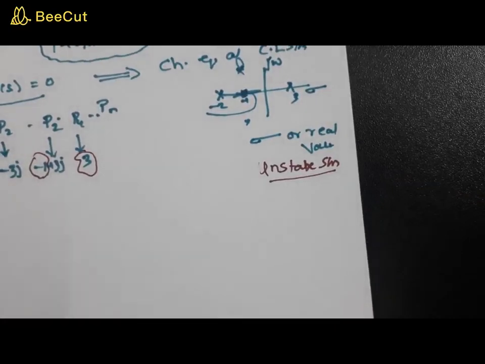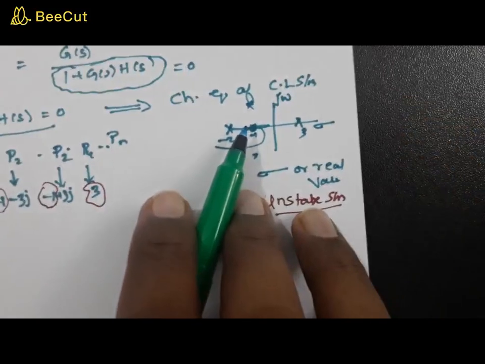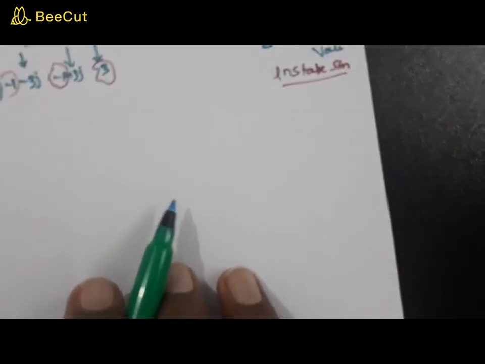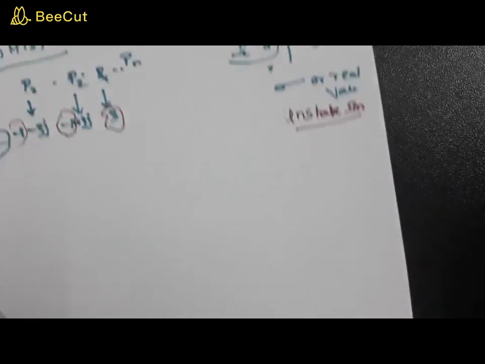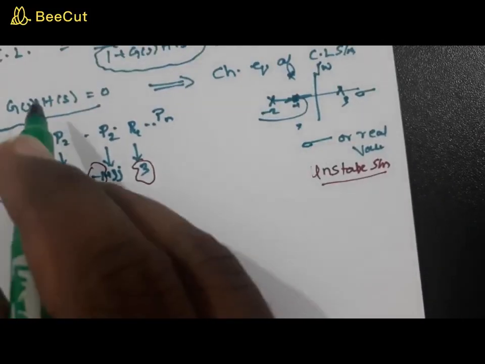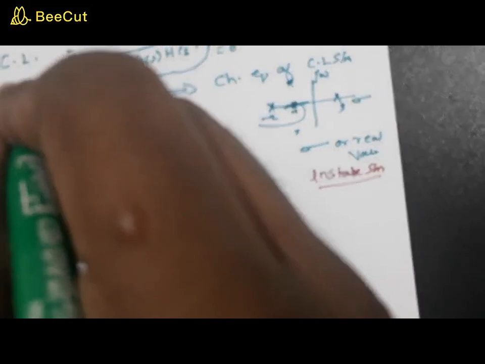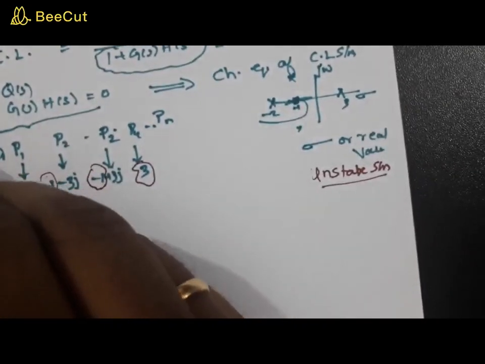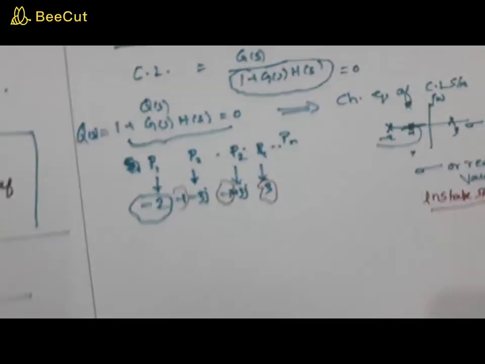Now, you just need to solve to get the root location. Now, there is a problem while solving. Look at this polynomial, call this Q(s). This polynomial 1 plus G(s)H(s) is Q(s) equal to 1 plus G(s)H(s).